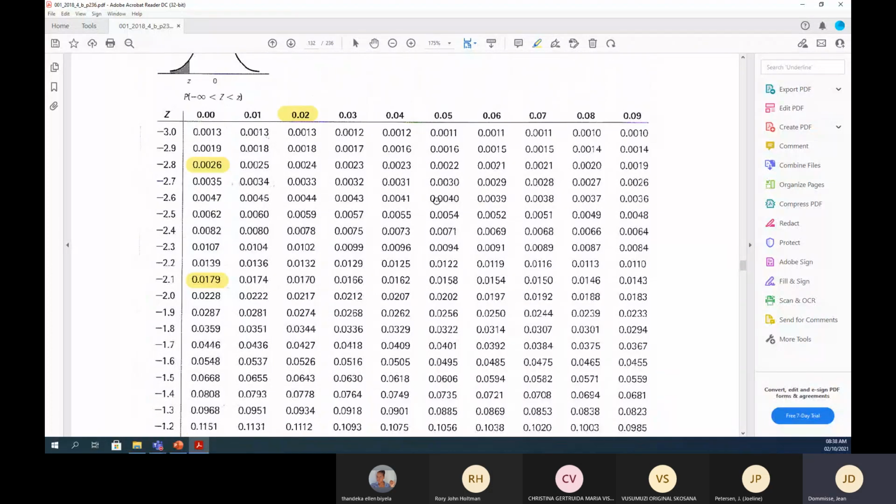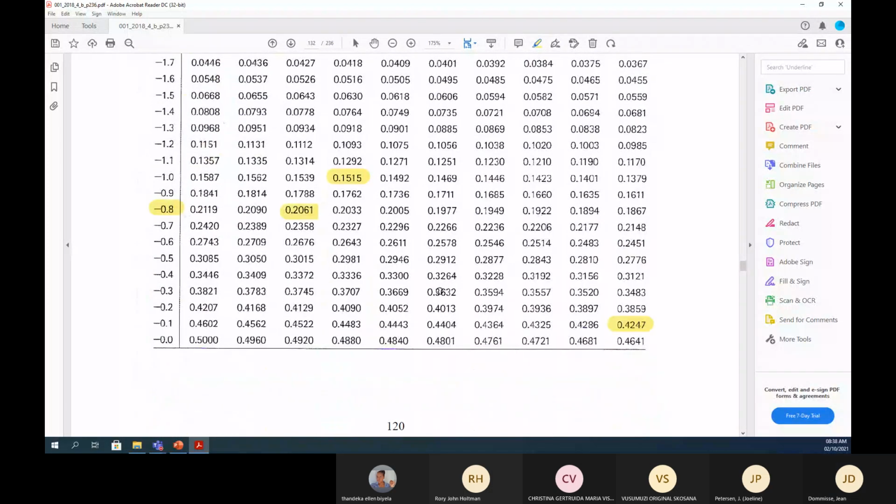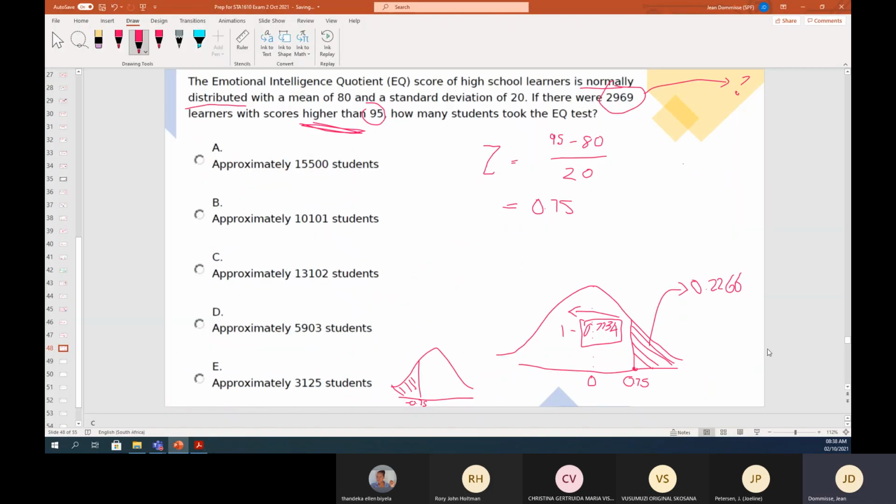Let's see, 0.75. Okay, 0.2266. And because we know that with normal distributions there's symmetry, that would have given me the same number. Okay, but now we have that.